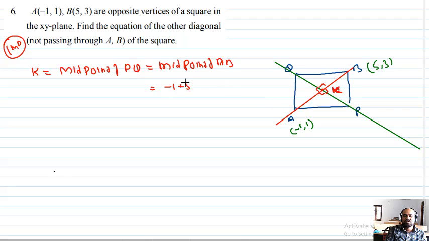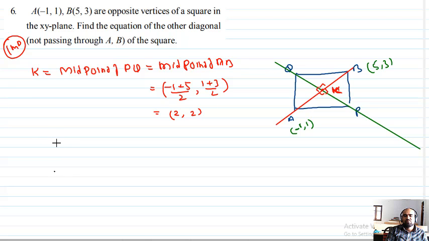Minus 1 plus 5 by 2 comma 1 plus 3 by 2. That is equal to 2 comma 2. 5 minus 1 is 4, 4 by 2 only. Okay, we got K equal to 2 comma 2. A point on PQ is 2 comma 2. Now you want the slope of PQ.